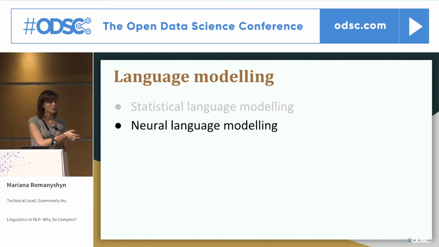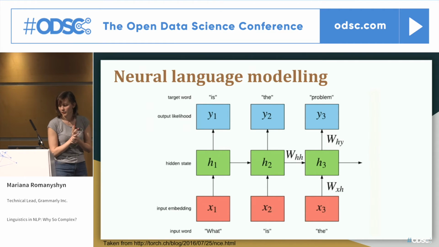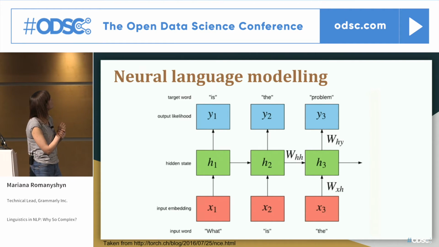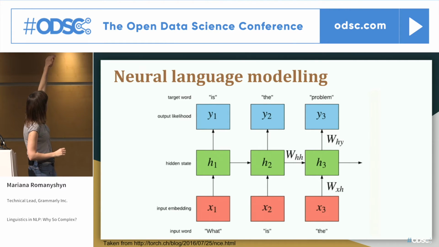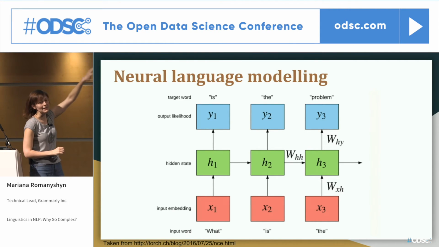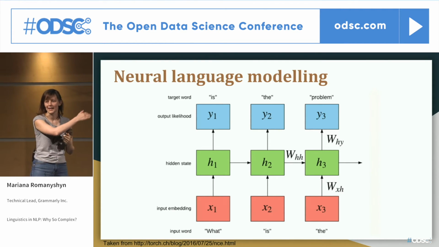Then there's also neural language modeling. I'll just touch on it briefly. The simplest example of a neural language model is a recurrent neural network. Here you have an input layer with word embeddings, right? Then you have a hidden state, and for each hidden state you have the previous hidden state going in.